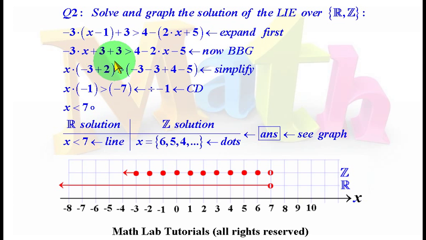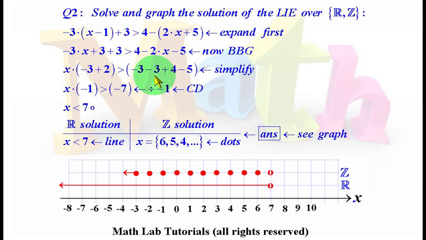We see a 3 becomes -3 because we're moving it over. And 4 is a drop down, and -5 is a drop down, and you can close up the bin. The next thing to do is to simplify inside each bin. -3 plus 2 is -1. Drop it inside the bin.